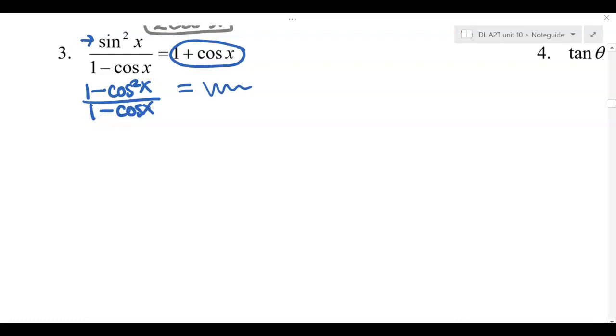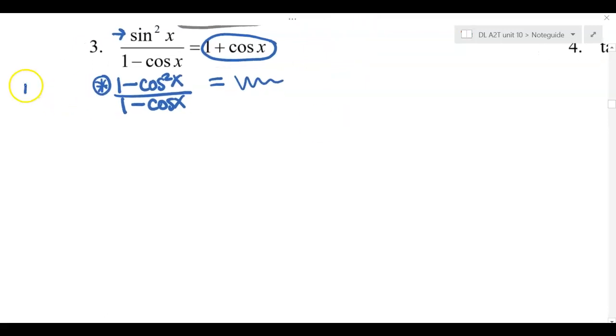Now, if you're struggling because of the cosine, I want you to take a minute and think about if it didn't say the word cosine in it. If it was 1 minus something unknown squared over 1 minus that something, we're much more comfortable with seeing this and thinking about factoring. When you guys see the cosines, you don't really think about factoring, but you should. This really is the difference of squares, okay? That's like having 1 minus x squared, which would factor as 1 minus x and 1 plus x.